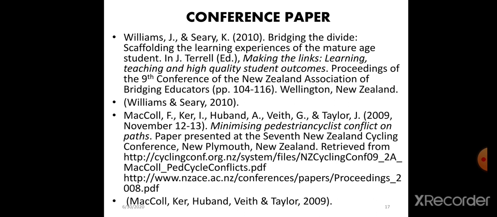Page numbers must be mentioned, with a full stop, page numbers in commas, and then the city, Wellington, and the country must be mentioned. Inside the text we give it as Williams and Seri, 2010.